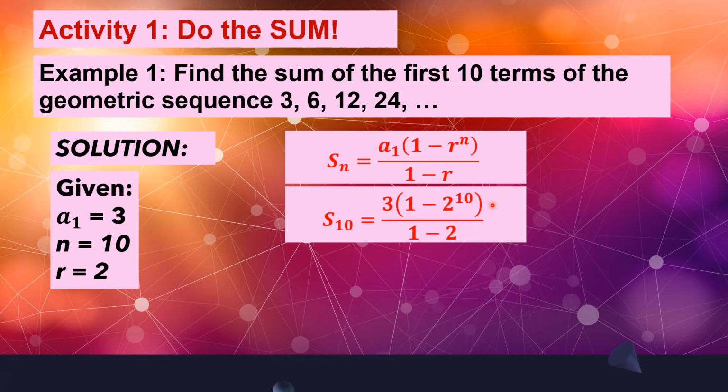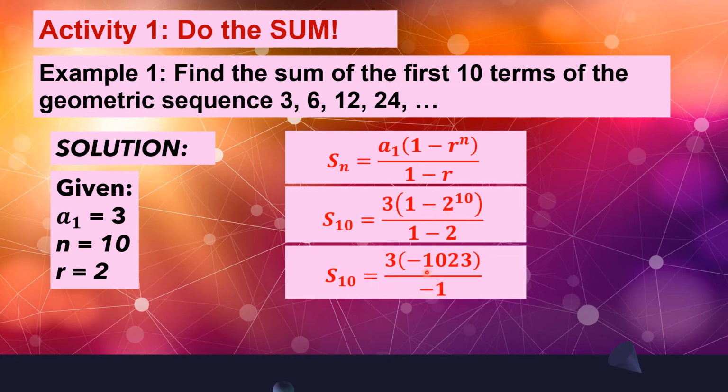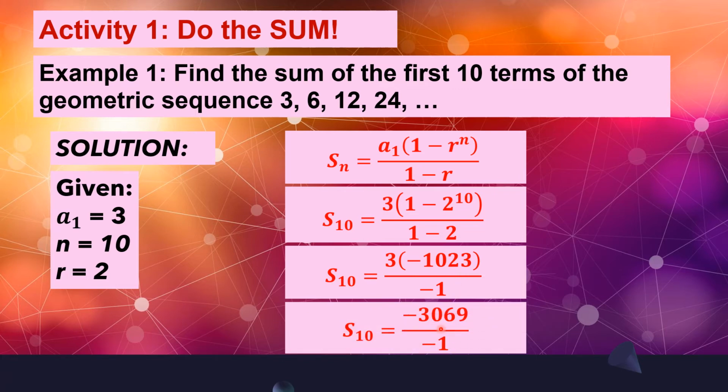Simplifying this, we have 1 minus 2 raised to 10 is equal to negative 1023. Then times 3. 1 minus 2 is equal to negative 1. So multiplying 3 by negative 1023, it is equal to negative 3069 all over negative 1.